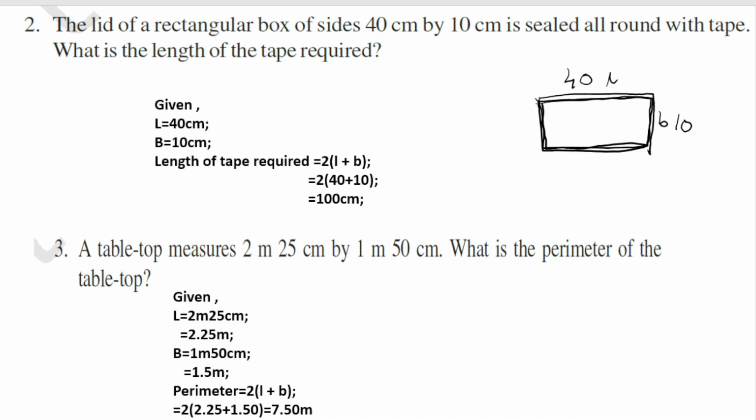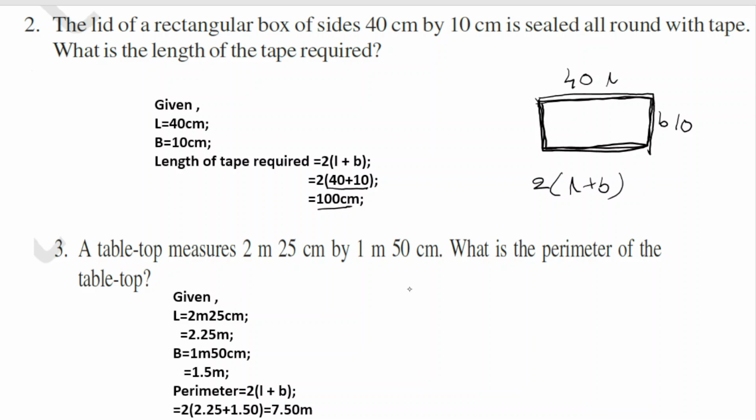Here the perimeter is nothing but 2 into (L plus B). So the perimeter is 2 into (L plus B). This is nothing but 2 into (40 plus 10), that is nothing but 100 centimeters of tape is required to seal all around the rectangular lid.